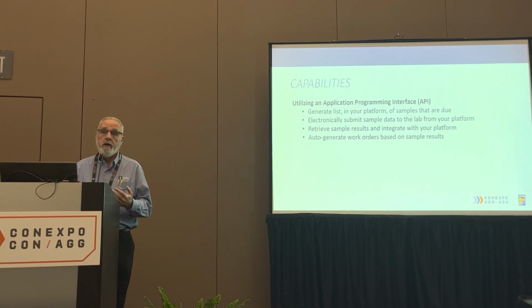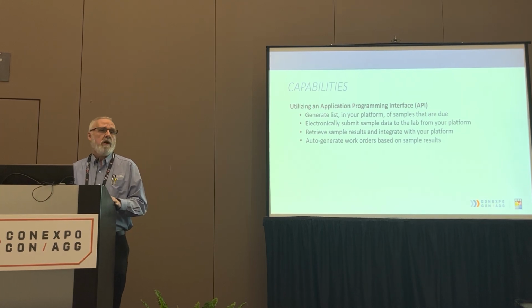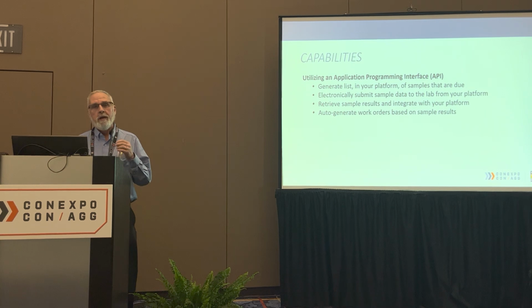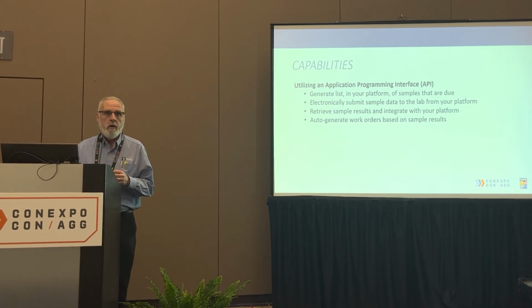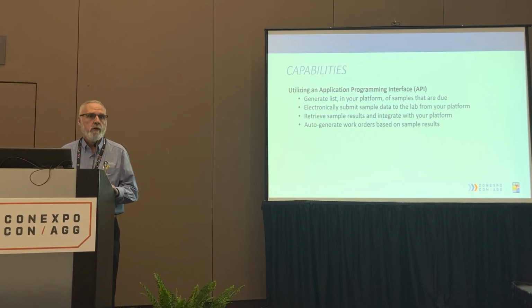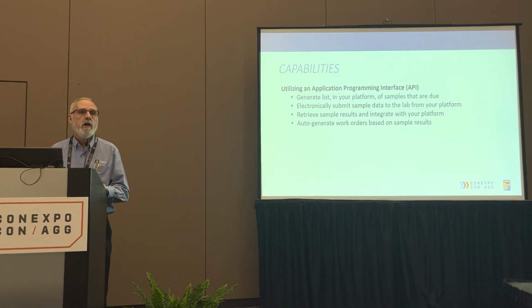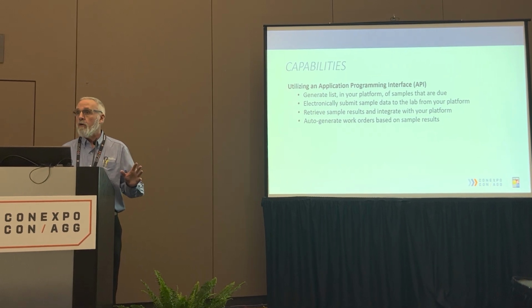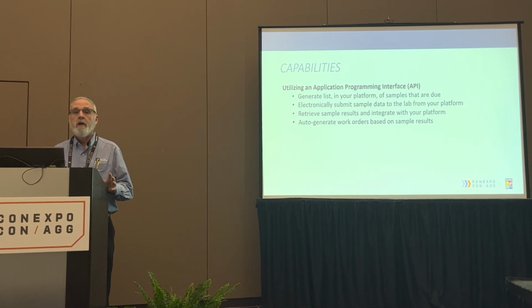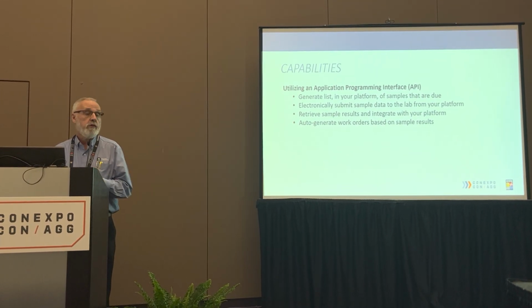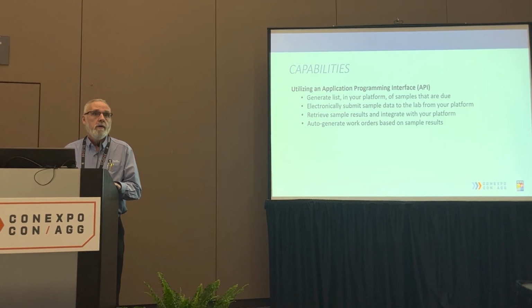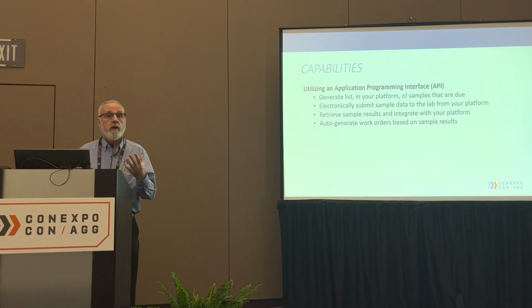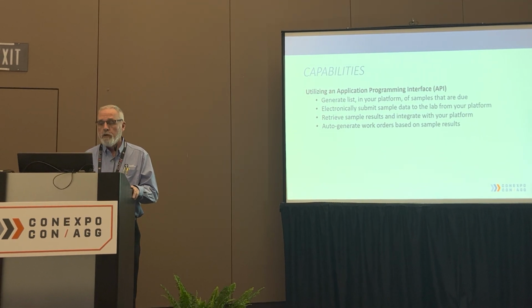We know we want to take action. Other customers, however, say, well, we want to drill in a little more precise. We want to look beyond the severity of the report. And just as an example, if it's a Cummins QSK60 engine and iron reaches 68 parts per million, we want to auto-generate a work order because we know that's a problem, whether the laboratory thinks so or not. So with an API, you can really drill down to those specifics and customize it the way you want to see it.